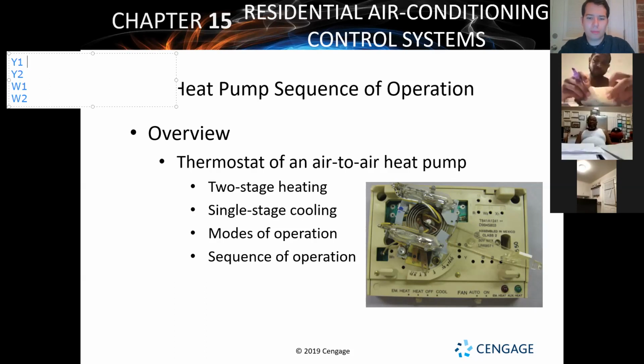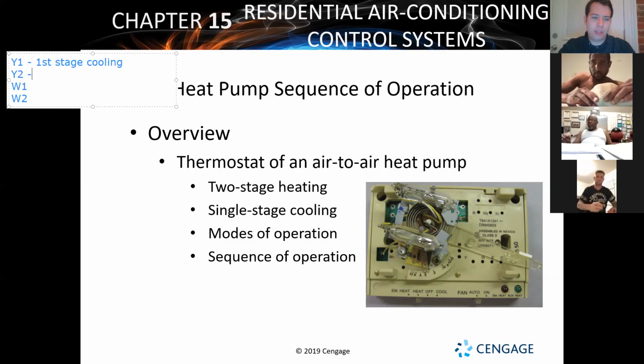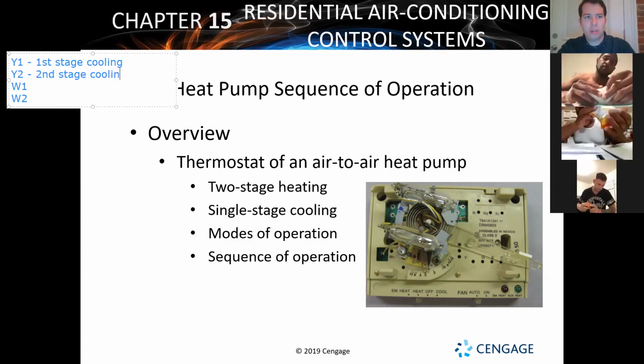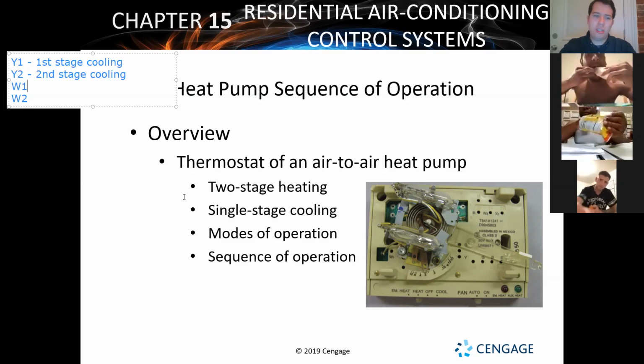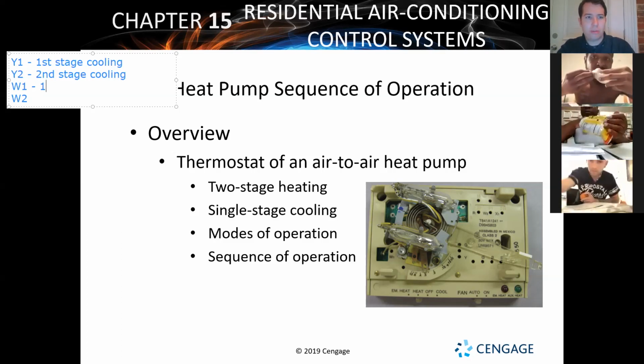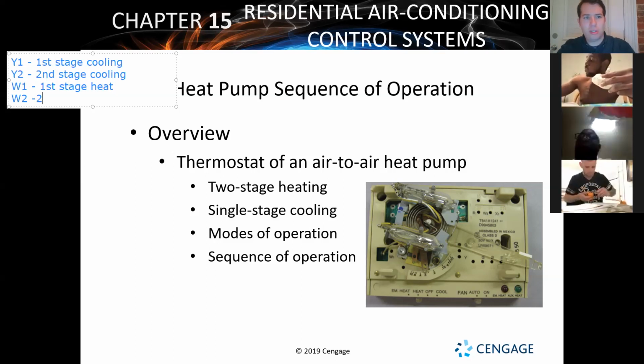All right. So Y1 is your first stage cooling. Y2 is your second stage cooling. You can guess that W1 is your first stage heat, and W2 is our second stage heat.